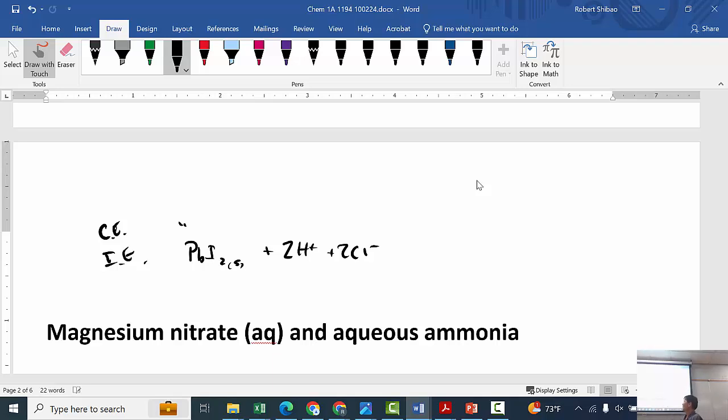I noticed that some people don't balance it. They had 2 HCl's up there, and then they only put 1 H plus and 1 Cl. Everything has to balance. Not only that, some people forgot the charge. Don't forget the charge on the ions. You need to make sure you incorporate those.